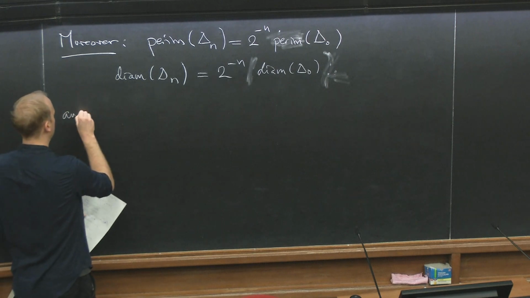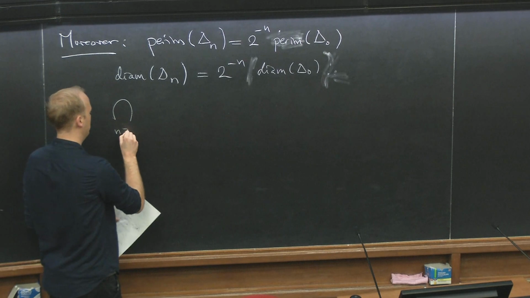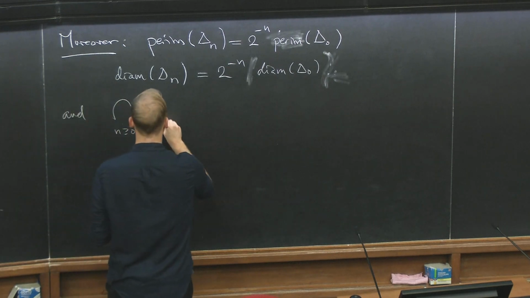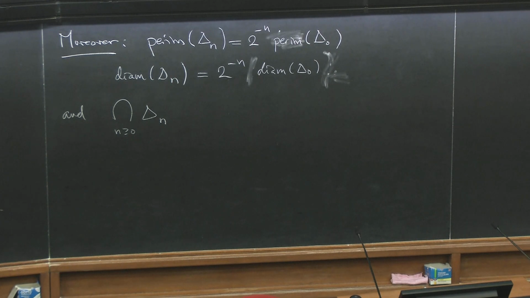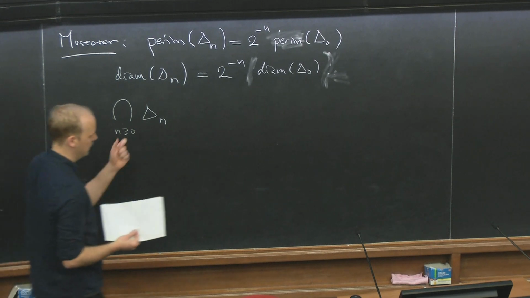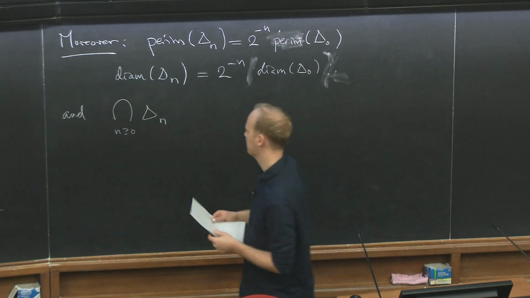But most importantly, if we look at the intersection of all of these triangles, okay, so what is going to happen? Exactly one point, because we have an intersection of infinitely many closed sets, these triangles, right? So the intersection will be some closed set, and there will always be one point which is inside all of them by the construction.